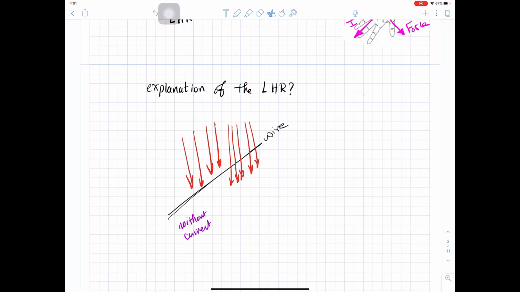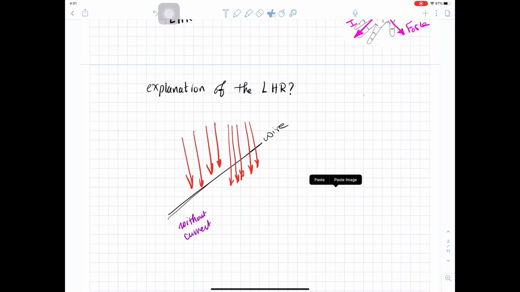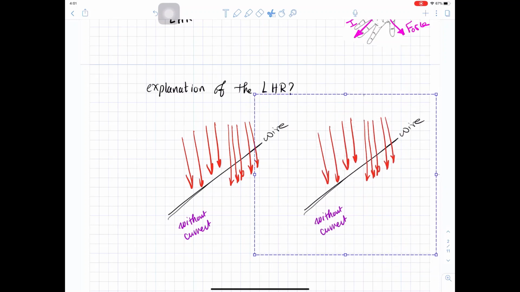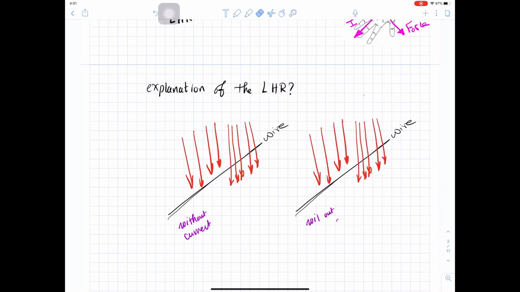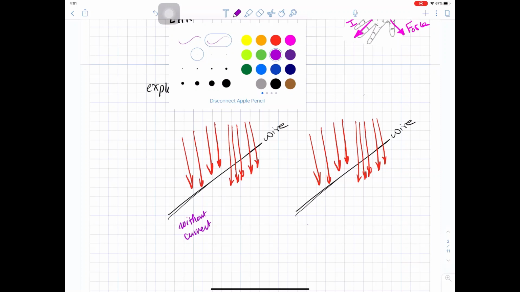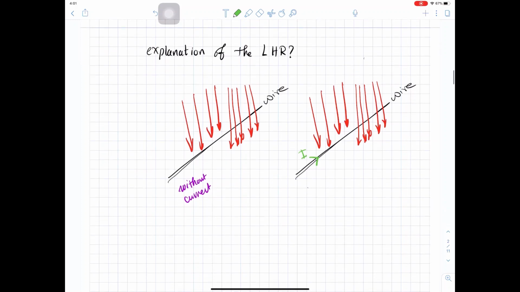Now let's see what will happen once we circulate current inside the wire. If we start to circulate current I inside the wire, this current will start to create flux lines around the wire.